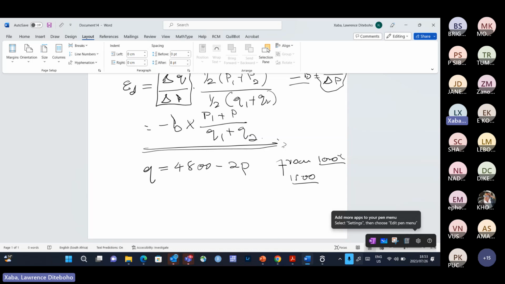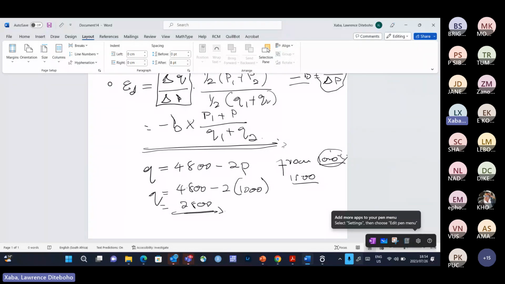So what we are going to do now is something similar to what we did when calculating the price elasticity of demand. We'll take 1,000 first. Q equals 4,800 minus 2 open brackets, 1,000, which is where our prices are ranging. Then we simplify that, and Q is 2,800.